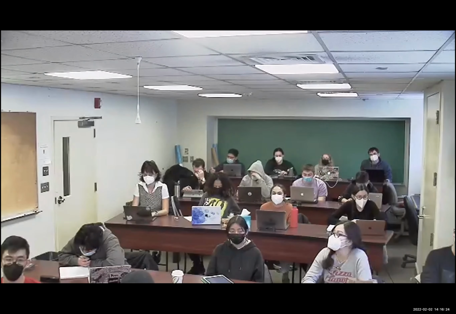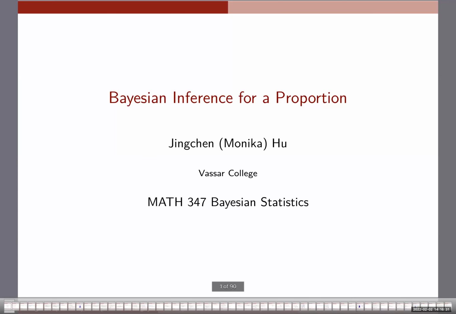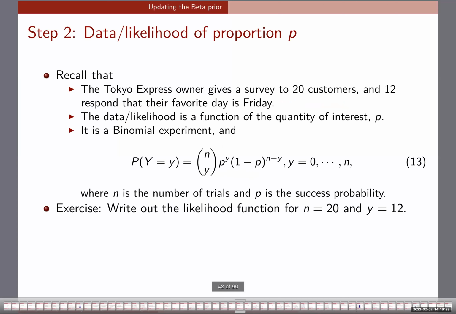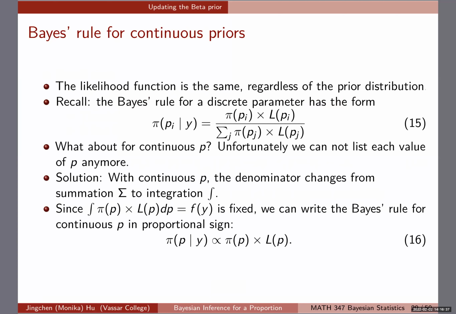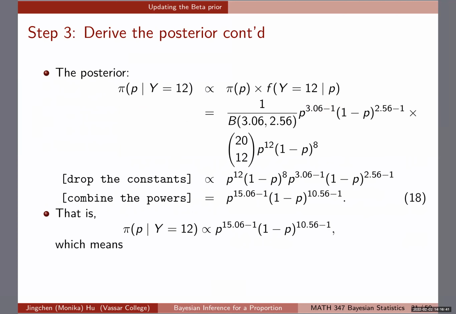Oh, okay. What I was trying to do, sorry about that, is to show you that earlier, in this version of the derivation, we didn't even worry about the constants and everything, right?